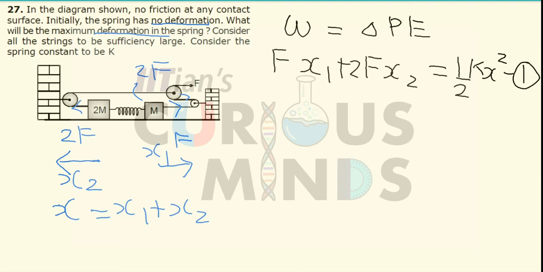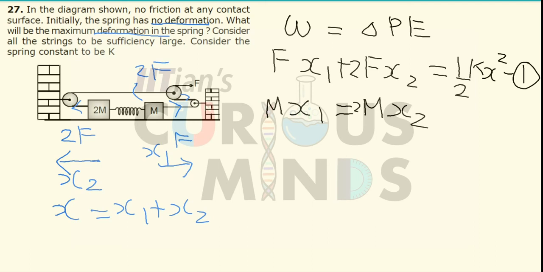I have to convert x1 and x2 in terms of x. Now understand that over here, if I consider the center of mass of the two bodies, I can clearly say that m into x1 will be equal to 2m into x2.